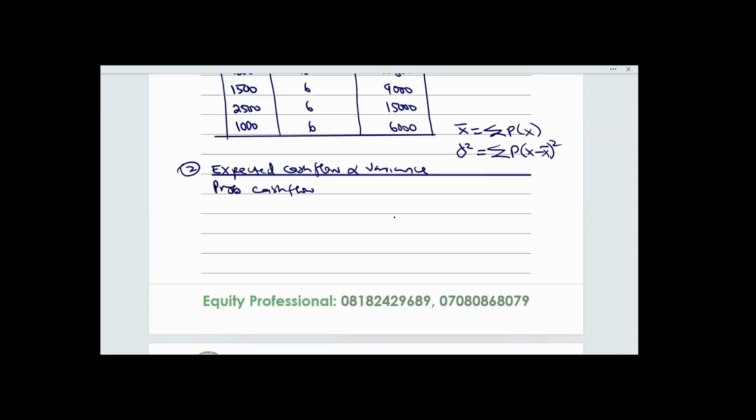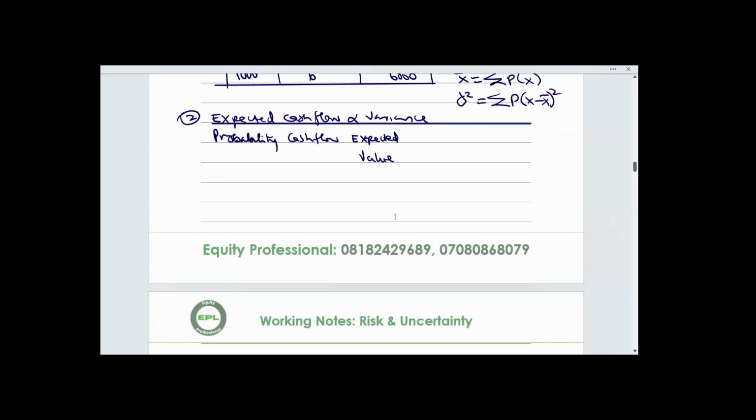Let me write this. Probability, cash flow, then the expected value. Probability is P. This table will be sufficient for me.